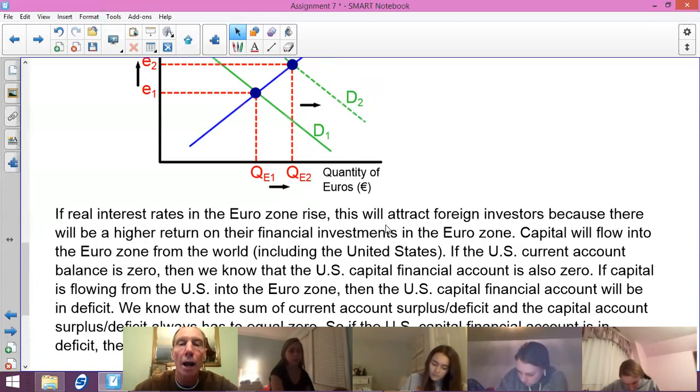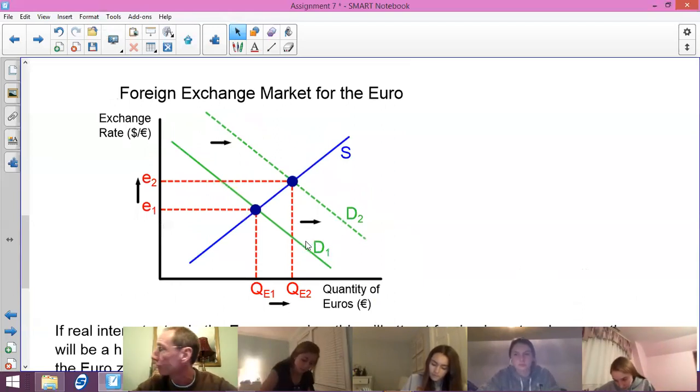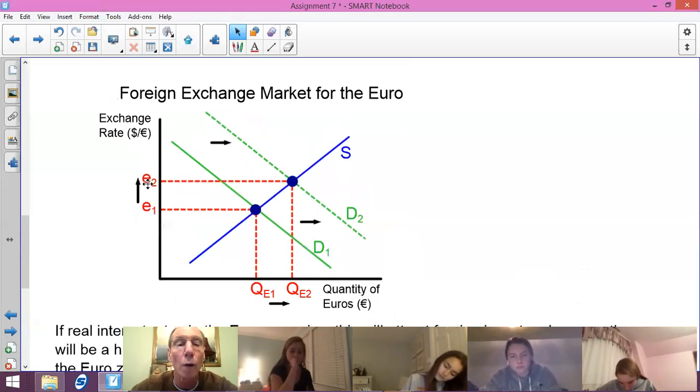This graph right here is from the perspective of the Eurozone, because we're looking at the quantity of euros, right? So if the demand for euros goes up, then the value of the euro relative to the dollar goes up.